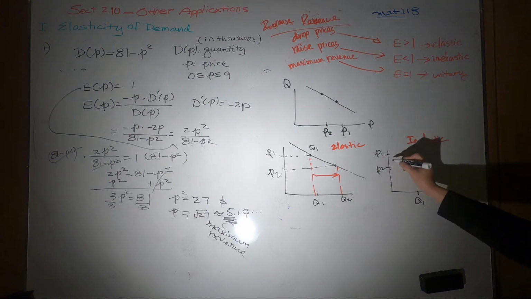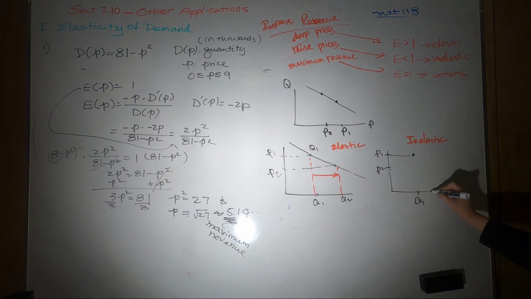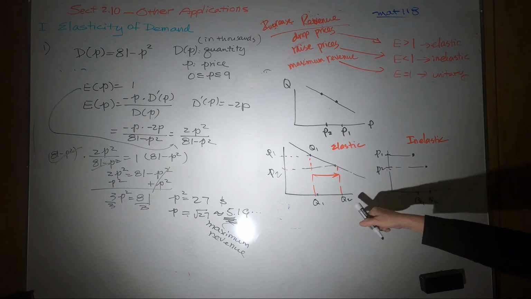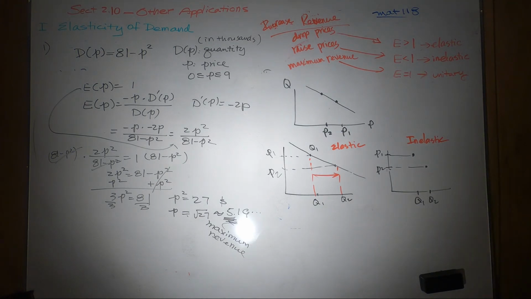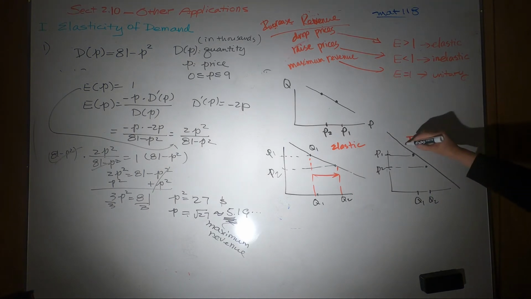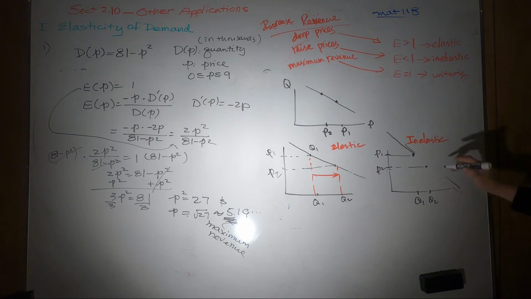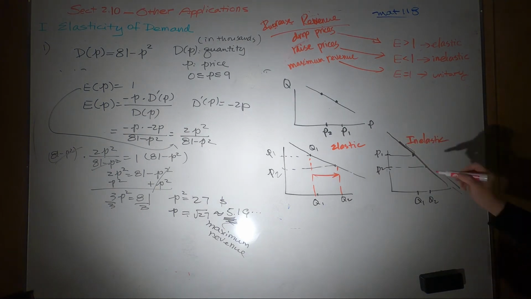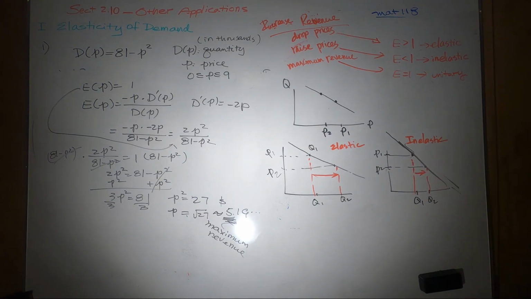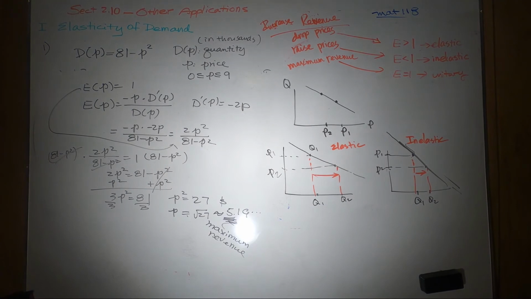But when you drop so much price and you only increase a little bit of quantity, slightly less than the elastic one, the shape may look like this instead, right? So what it's saying is your quantities changed only a small portion, okay?